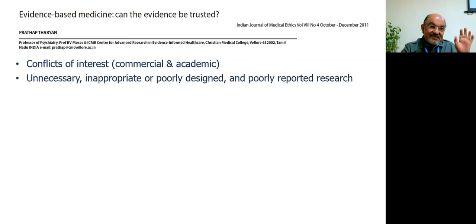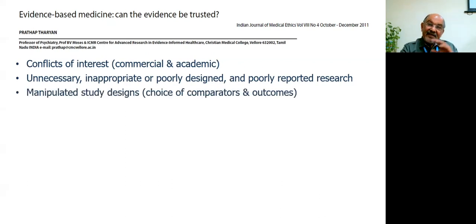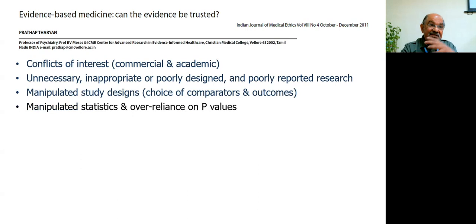So a lot of unnecessary research is done, inappropriately, poorly designed, and poorly reported research. And there are many studies which are manipulated from the outset by the choice of comparators or the outcomes that they are using. And very often statistics is manipulated. You can ask any statistician, they'll tell you how easy it is to manipulate statistics.